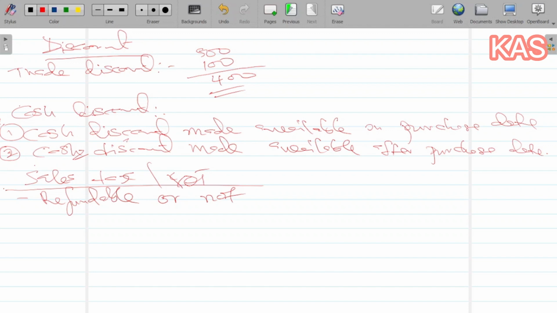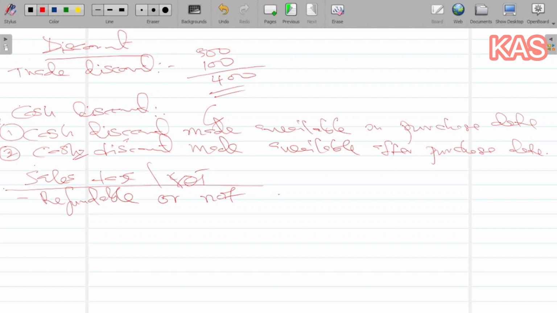What this means is, if sales tax is not refundable or not recoverable, the sales tax or VAT will be included as part of that inventory. Mark you, what did I say? If the tax is not recoverable, you are going to include it as part of your inventory. That is what this means.